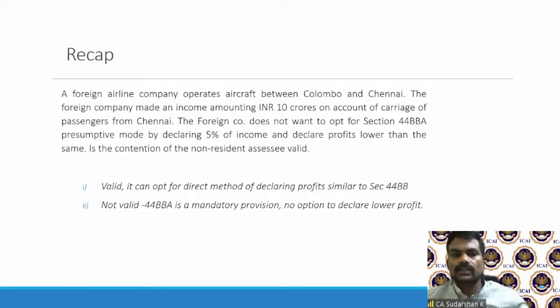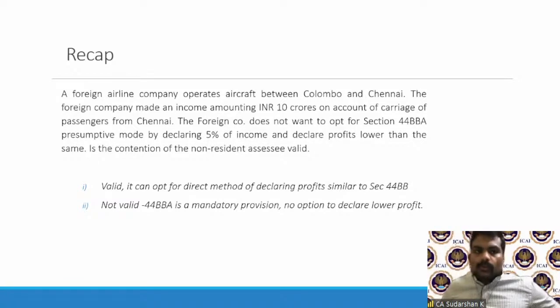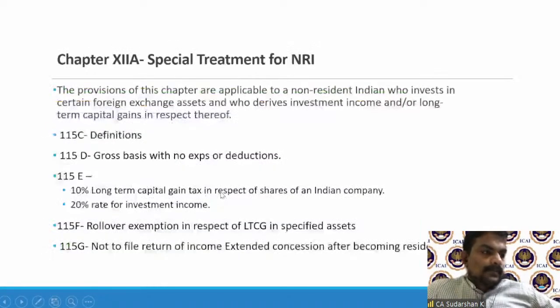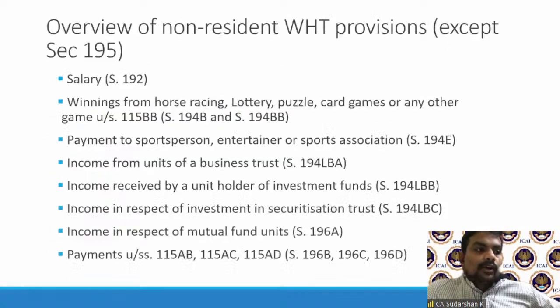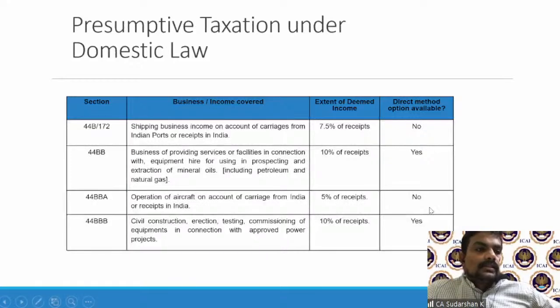That is, there is no other method to declare lower profit. The answer to this will be, it does not have an option. And if you look at this particular table, it does not have an option to show less than 5%. So 5% of receipts is the only option available.